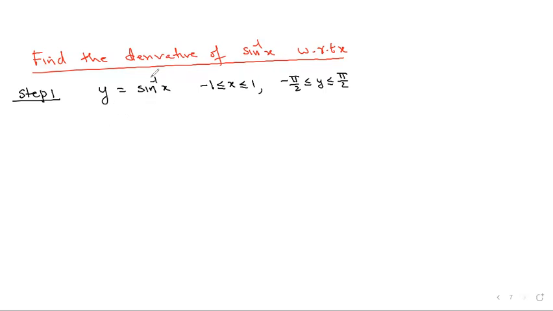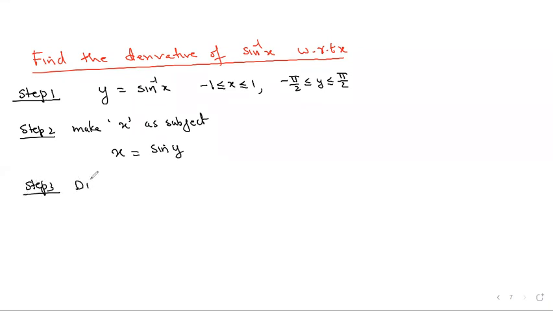Now, I do not know the formula for this. So what I'll do is make x the subject. X equal to sine y. Yes, very good. Now differentiate. I'll differentiate with respect to y. Even if you differentiate with respect to x, no problem.